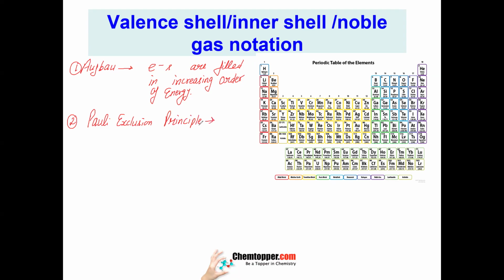Okay, please don't say yes, answer my question. Pauli's exclusion principle: inside an orbital, you can have only 2 electrons with different spins. That was the principle. Yes, Bhavya.